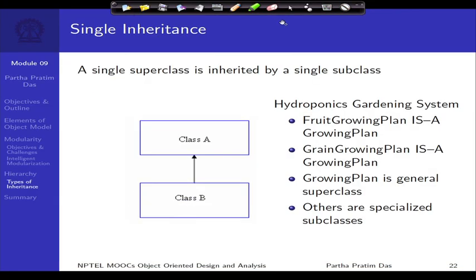Now, these are terms that you need to understand and remember. On a hierarchy, the term single inheritance is used when there is one superclass and there is a specialized subclass.